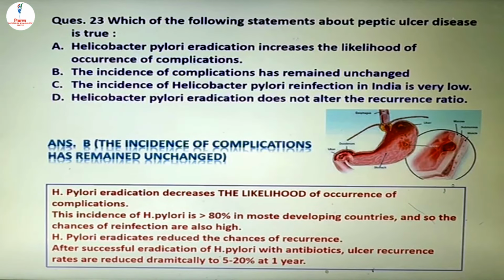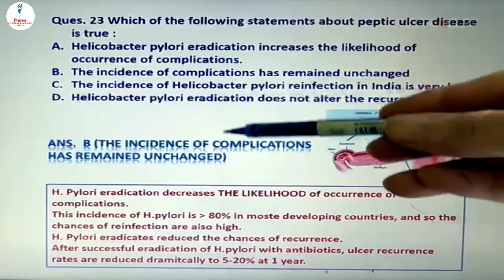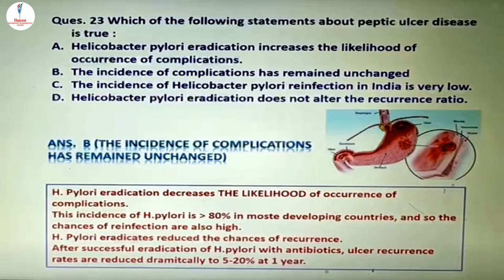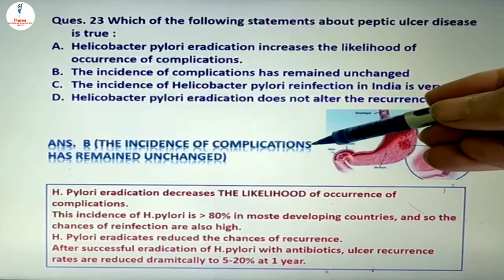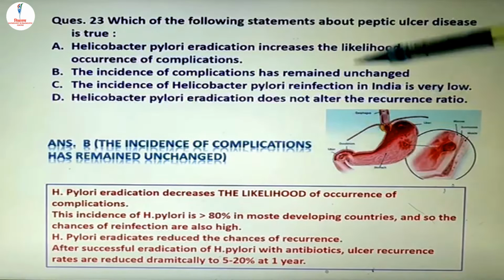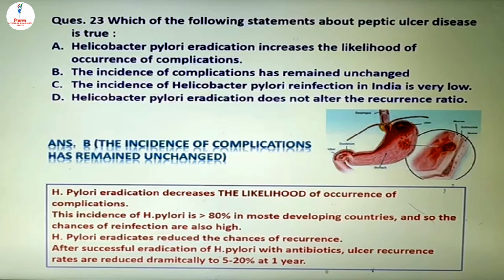Next question, which of the following statements about peptic ulcer is true? Answer is B, the incidence of complications has remained unchanged. Before going to the question, we must know the following points. H. pylori eradication is very important because if H. pylori is not eradicated, it can cause gastritis, later cancer.